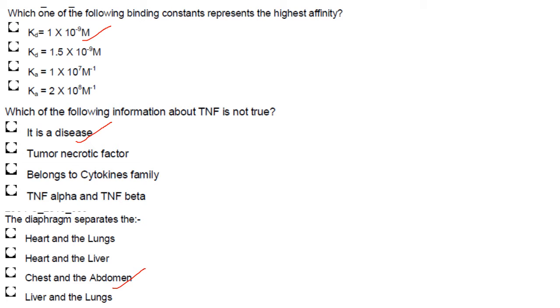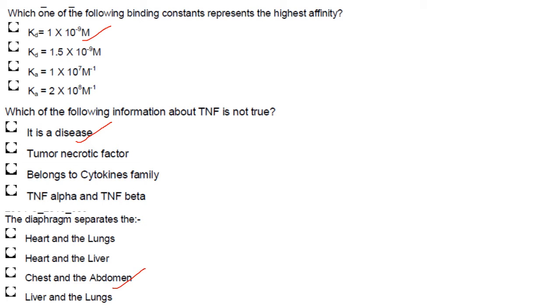Now the next one: which of the following information about TNF, that is tumor necrosis factor, is not true? The first option says it is a disease. That is not true. It is not any disease. TNF is involved with inflammatory conditions. It can kill certain tumor cells.